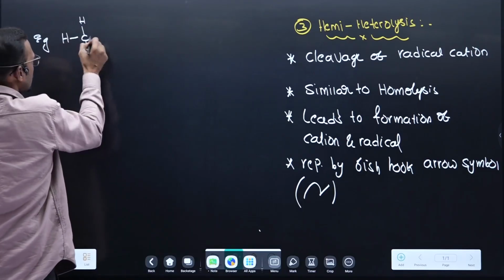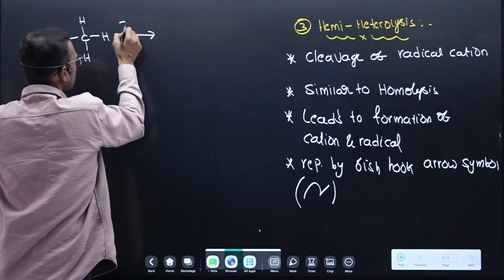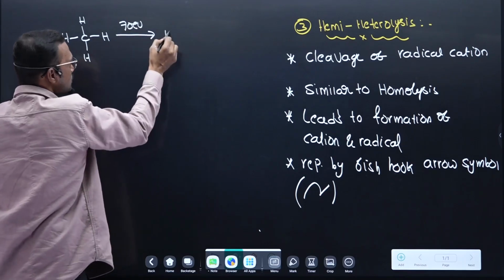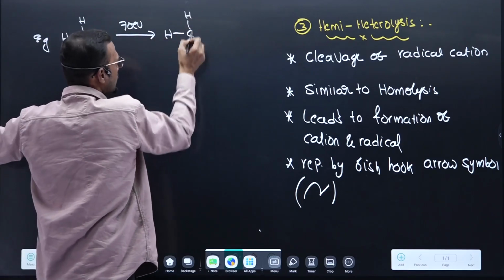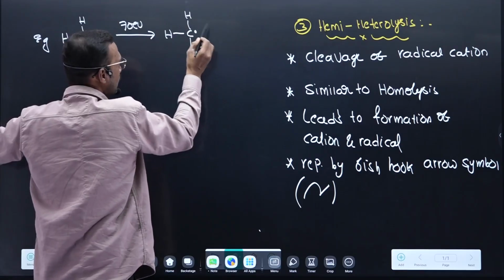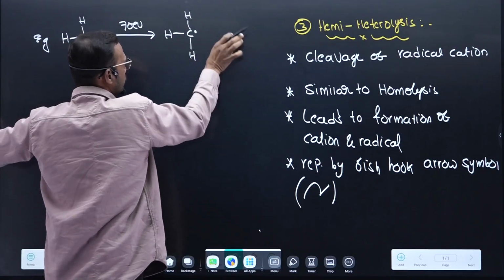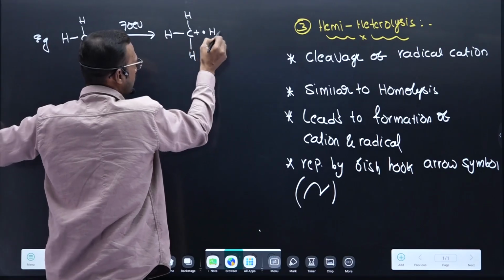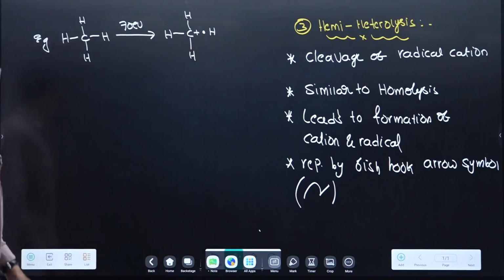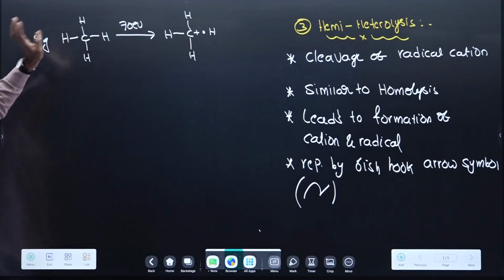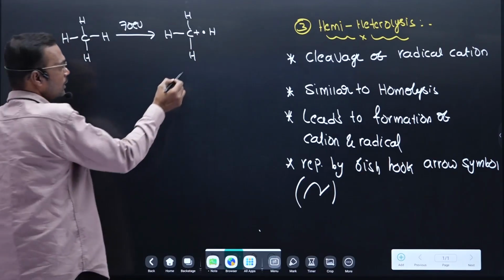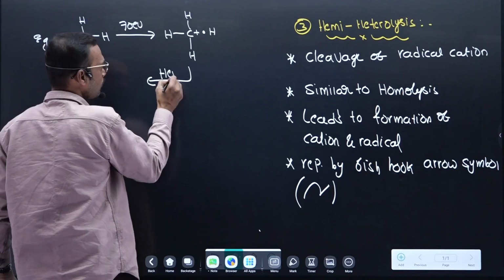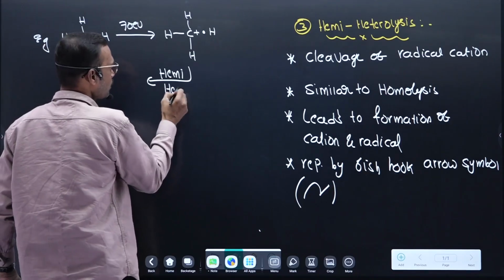How many sigma bonds are present? 4 sigma bonds are present, right? So here there is a formation of a radical and a cation. I can remove one electron from any one of these bonds. Now what is hemi-heterolysis? This is called hemi-heterolysis.